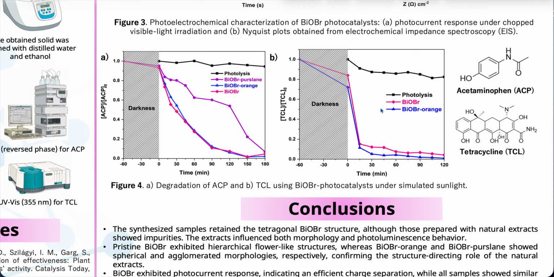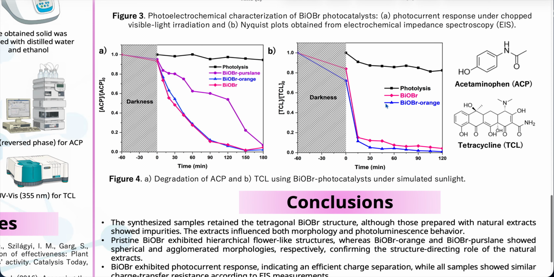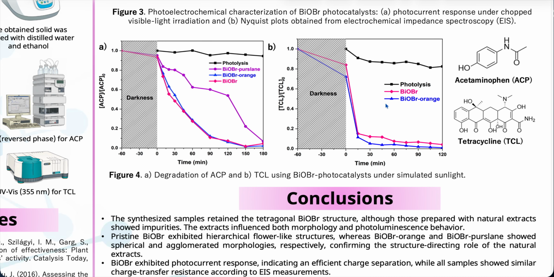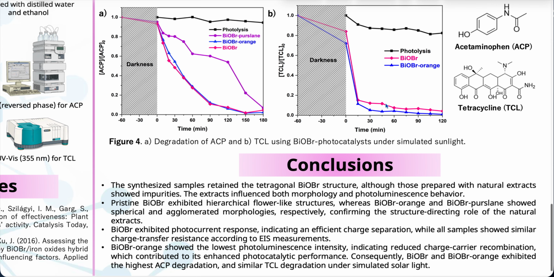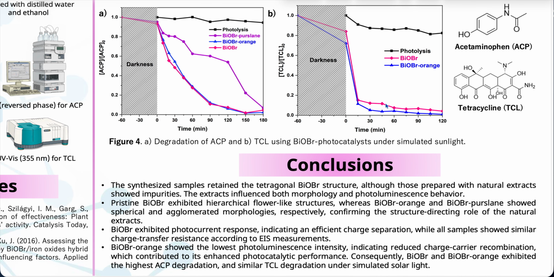For tetracycline, the three bismuth oxybromide based materials showed a relatively similar degradation behavior under simulated solar irradiation. These results indicate that the effect of the plant extract is not simply related to the optical band gap, but rather to changes in morphology and charge carrier behavior.